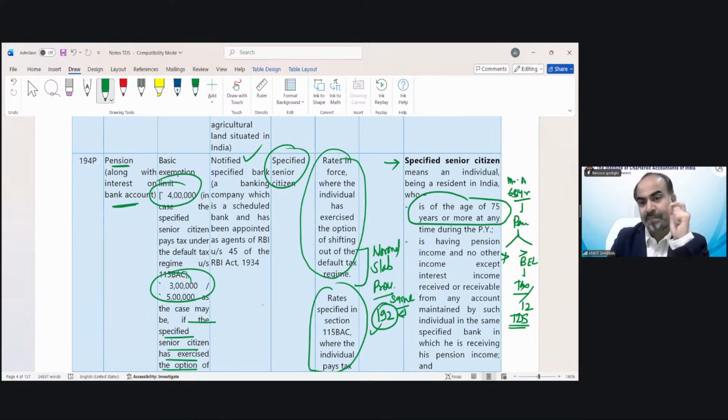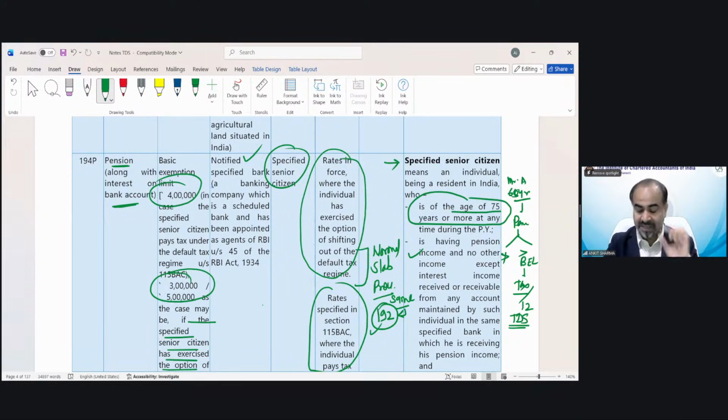Now, for a specified senior citizen, a special provision has been made. It says if the age of that senior citizen is 75 years or more, and he is having only two incomes, pension income and interest income. Now listen very carefully.